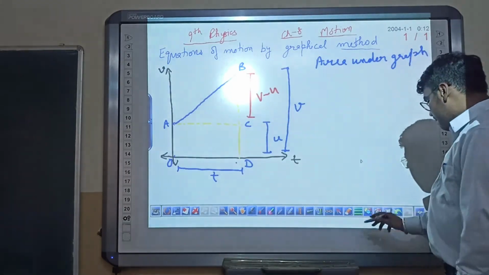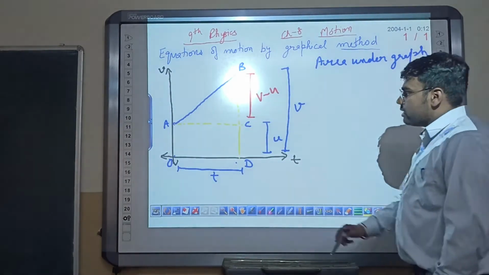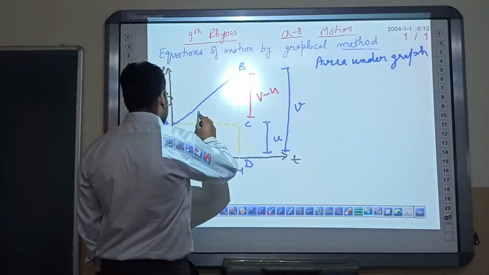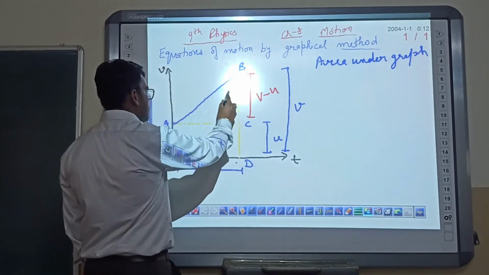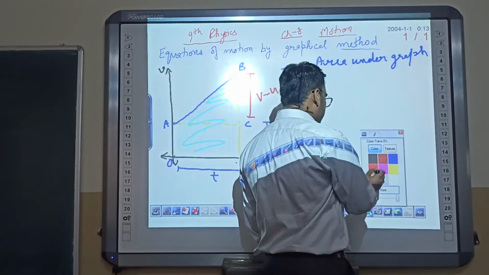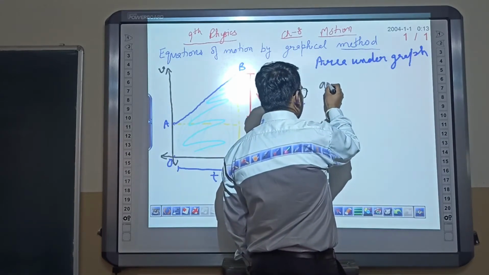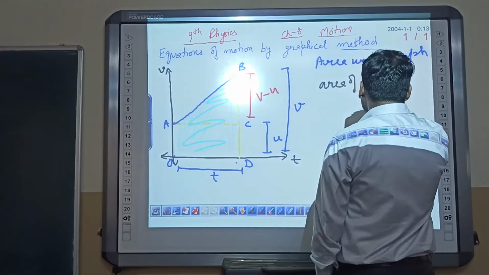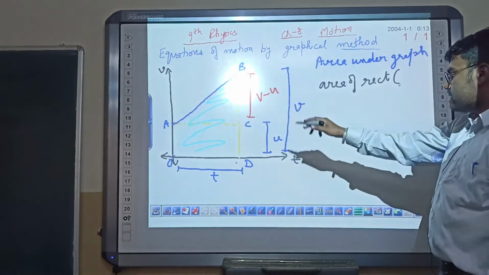Can I say the area of this graph is nothing but this portion? Area under the graph is this portion. That means the area under the graph is the area of rectangle OACD.